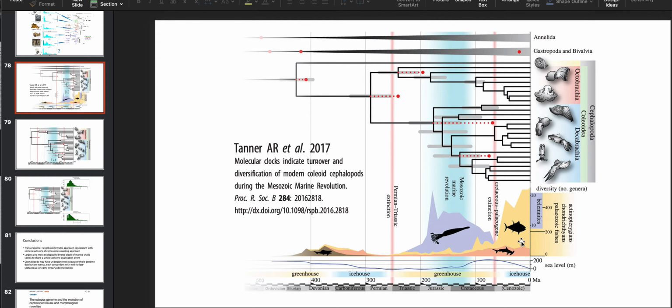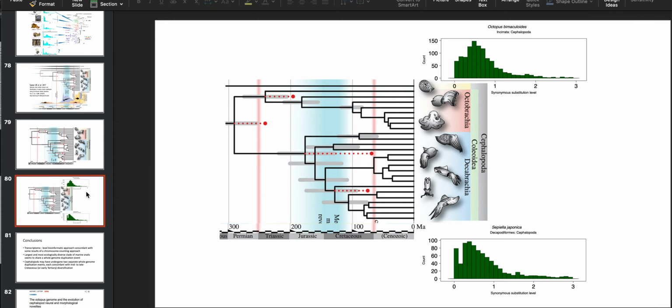So these are different groups of fishes, but this purple one is the inferred diversity dynamics of cephalopods. And so what we see here is that octopods, so Octopus bimaculoides, looks like it has a peak, and Sepiella japonica, one of the squids, looks like it has a peak, but potentially at different places, but maybe the same one.